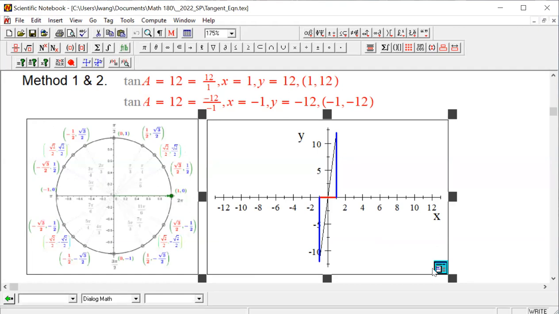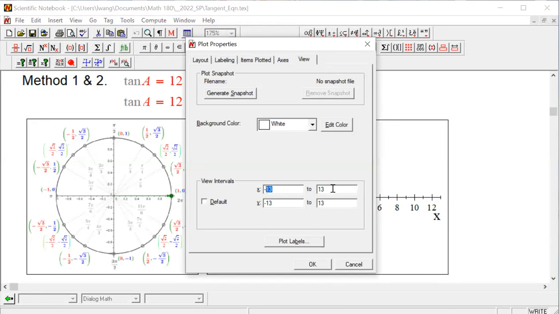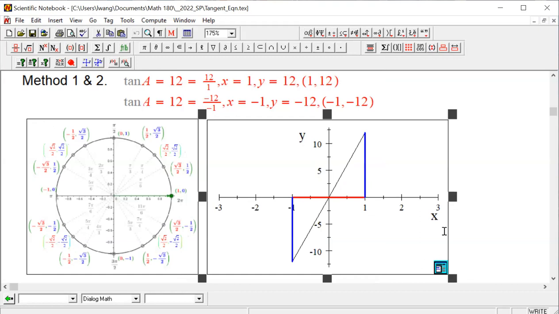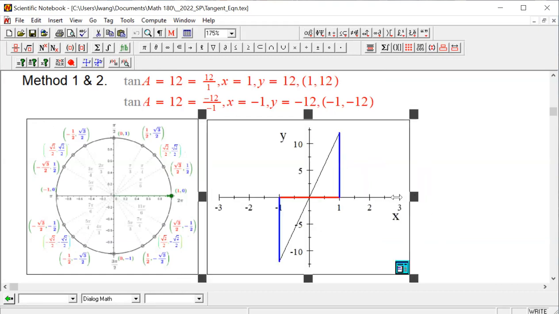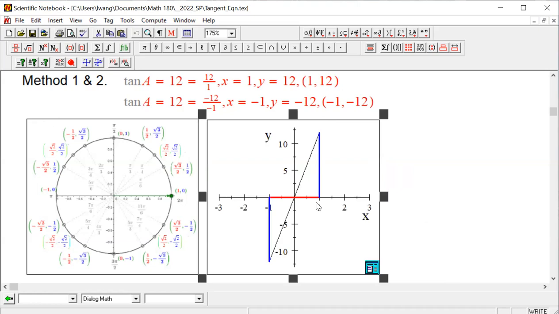Let me see how I can make the picture nicer. I'm going to make this -3, +3. This is better. They're not proportional, this is a 1 and this is a 5, but it doesn't matter as long as the picture is marked properly.